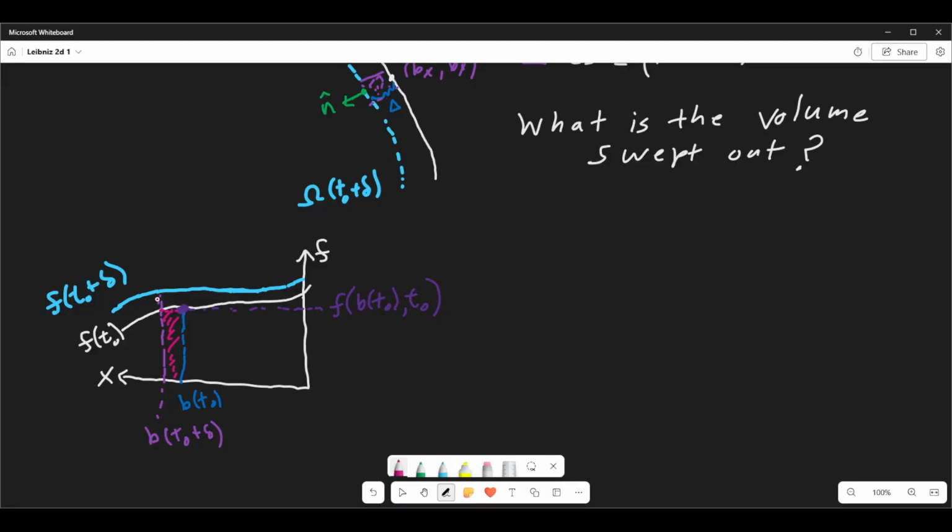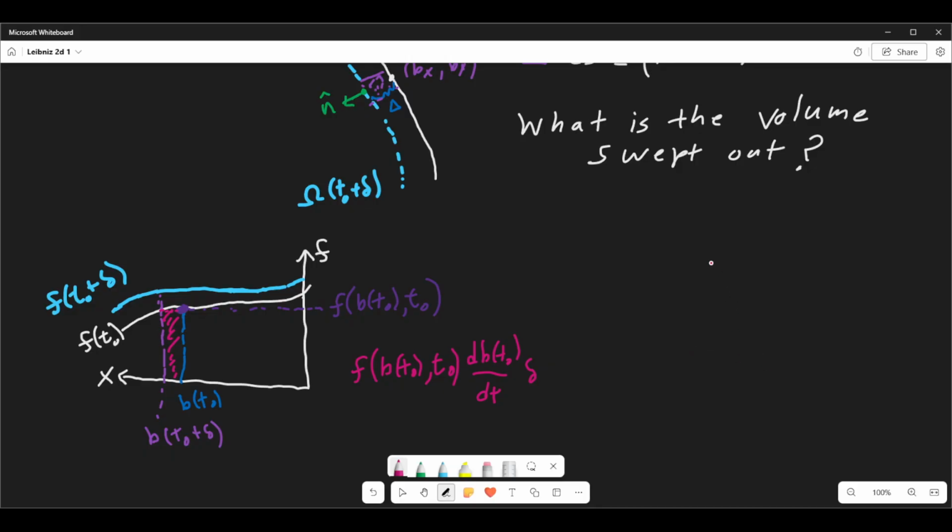It doesn't have to take into account that it actually moved up, because that's a second order effect. So what actually comes out in the equation is f of b of t naught, comma t naught, times the derivative of the boundary at t naught, and then times the delta would indicate the area that's swept out. And the same thing happens here.